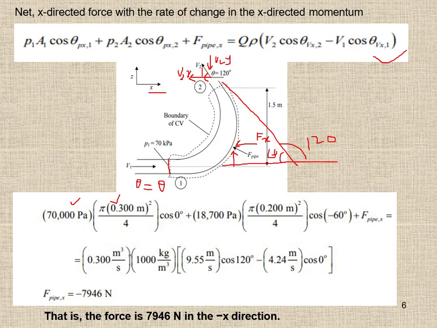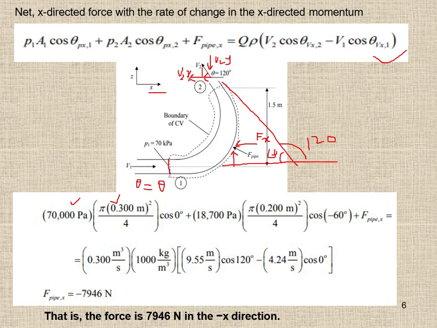Q was given, rho density was given, and V2 is equal to 9.55 that we calculated, and cos 120 degree. Or you can take the component. Don't take cos, take the component in the x direction. What is the component?